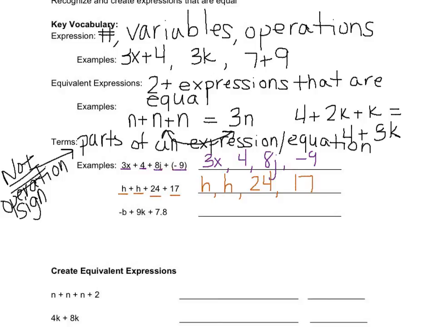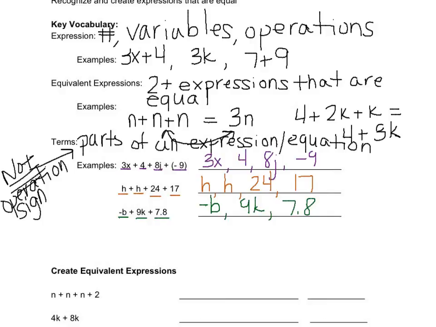And in the last one, if I ignore the operations again, I have well, that's actually a negative b, a 9k, and a 7.8. So this one has 3 terms. You do need to include those negative signs. So negative b is one term, 9k is the second because they're squished next to each other, and the last one is 7.8.